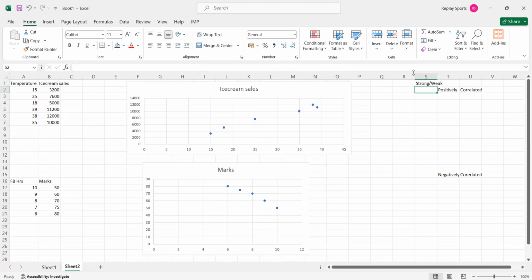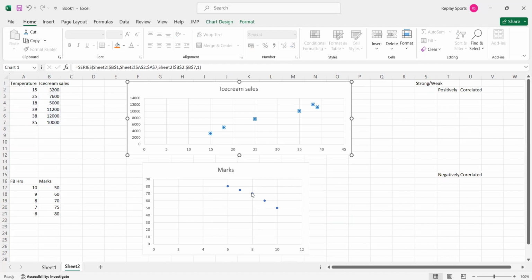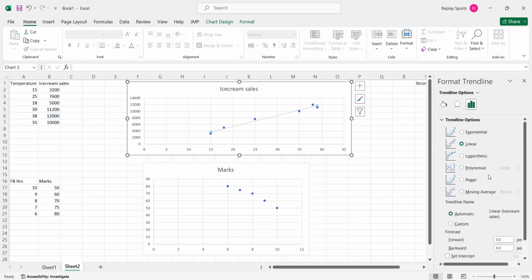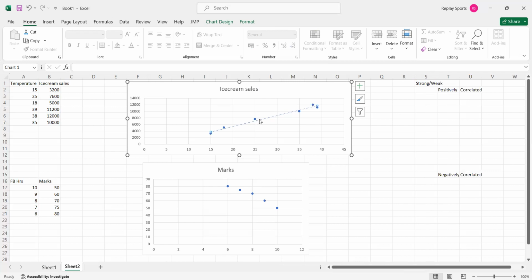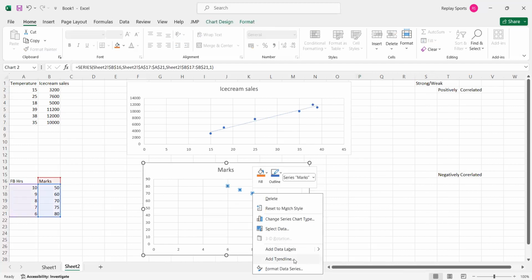If you draw a line, let's call it a trend line. A trend line can be linear, exponential, logarithmic; we'll take linear. If you draw this trend line, you see these dots are closer to the trend line, correct? In this case also, they will be closer to the trend line.